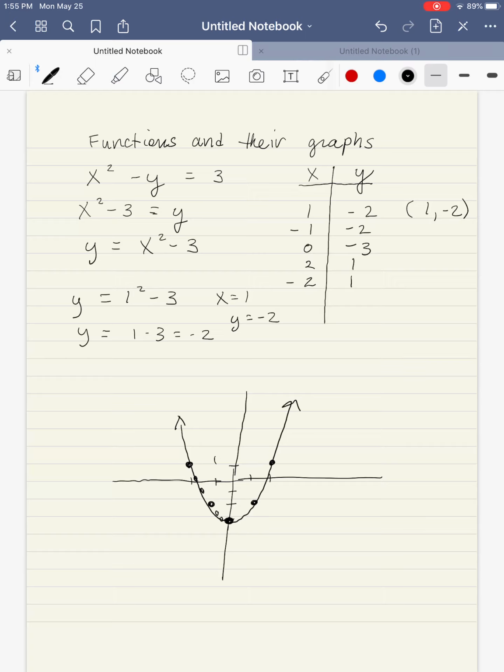And we're going to learn, as I said earlier, more about relations or functions that look like this and their shapes in a later lesson. But for now, we're just saying what it would be like with plotting it with the t-table.